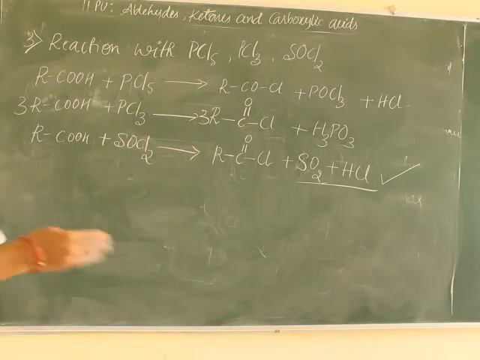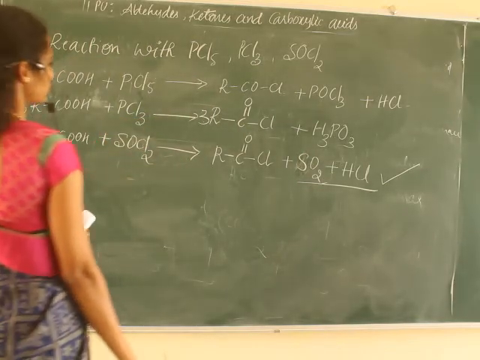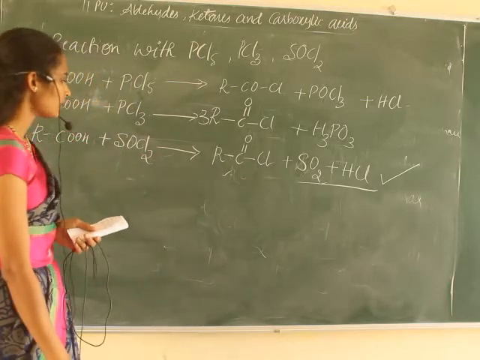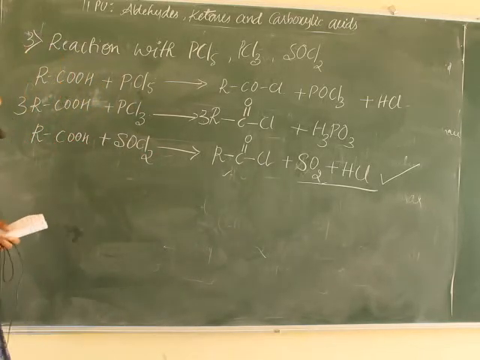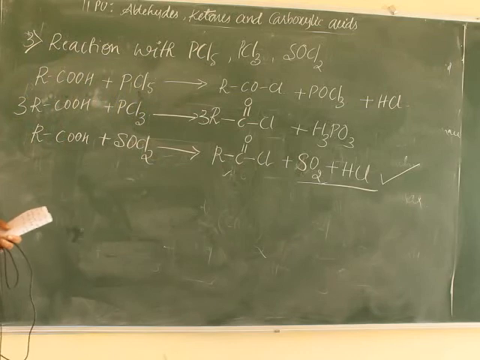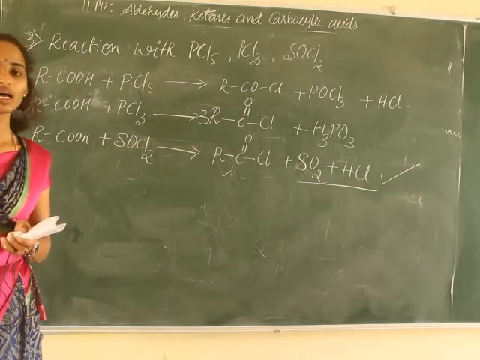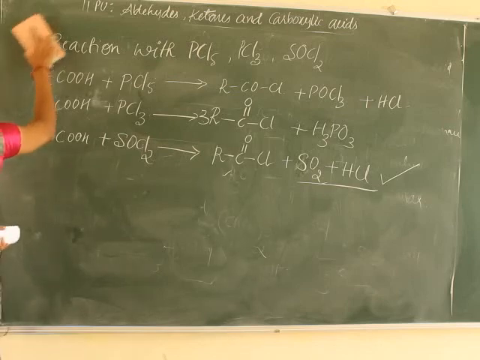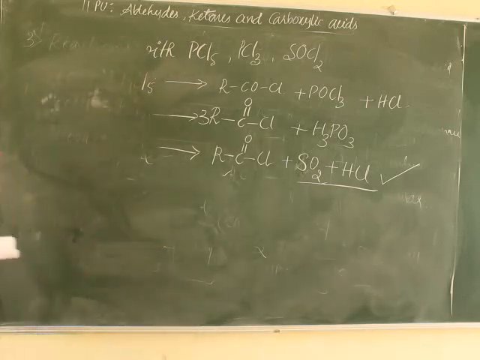Hence we can easily separate those byproducts and easily get our desired product, that is acid halides, or acyl halide. Next is the reaction with ammonia, an important one, and we'll study it in the next class. Thank you.